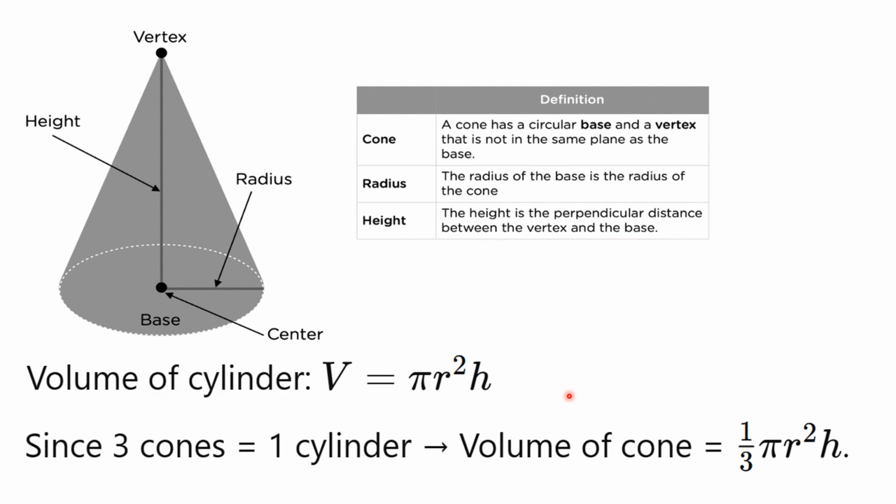If you fill our cone with water or sand, then before one cylinder with the same height and the same radius becomes full, you have to fill it three times. That's why we came up with 1/3, 1 out of 3. So that is our volume of a cone.